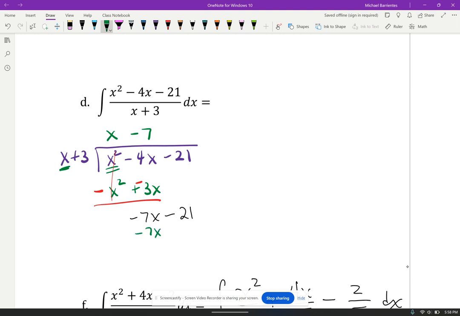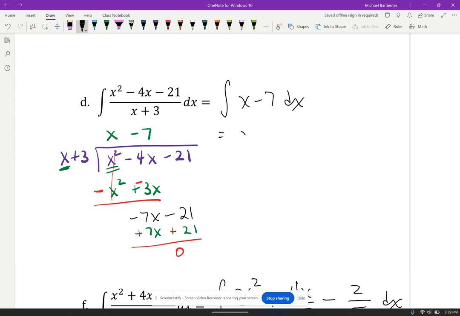And negative 7 times 3 would give me negative 21. And when I subtract, that's going to change the sign here. So I'll just do that. Instead of writing the subtraction, that'll change the sign, that'll change the sign. And that leaves me with 0. It doesn't have a remainder. So it turns out that when I do this division, this actually just leaves me x minus 7 dx.